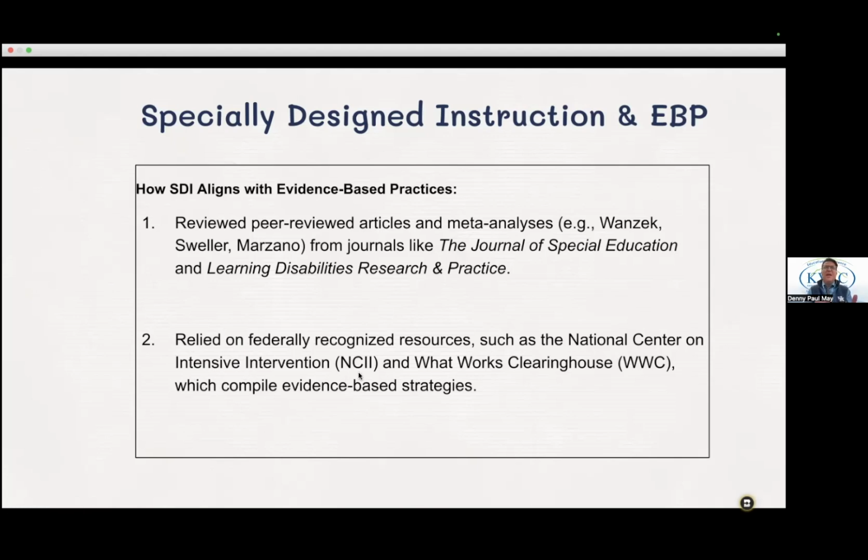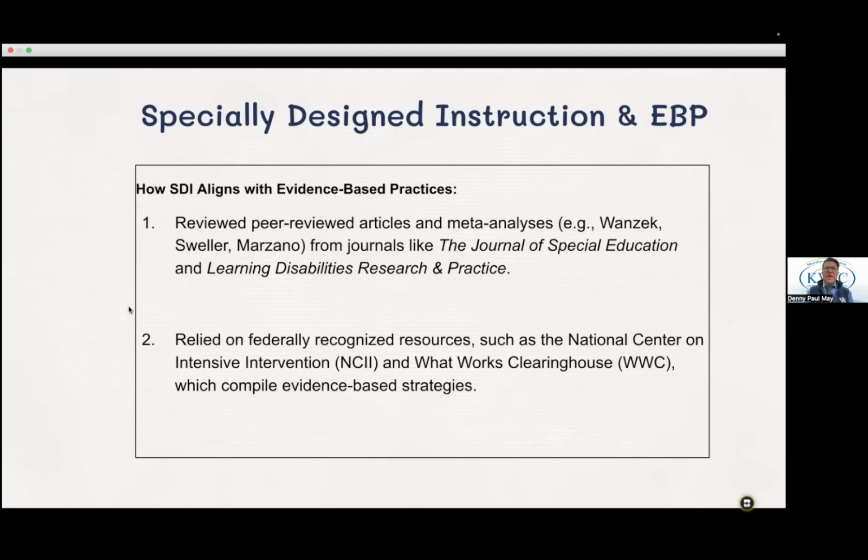And then being able to point back to, as a good practitioner of SDI, where did I find my research? Or where did I find my strategy? Does my strategy have a research base? And so I put, on this next slide right here, how SDI aligns with evidence-based practices. We have peer-reviewed articles and meta-analysis from journals like the Journal of Special Education and Learning Disabilities, and then What Works Clearinghouse is always a good one, and National Center on Intensive Intervention.